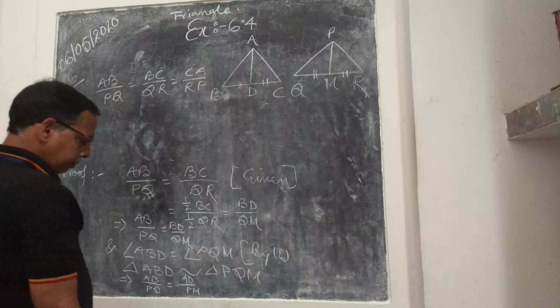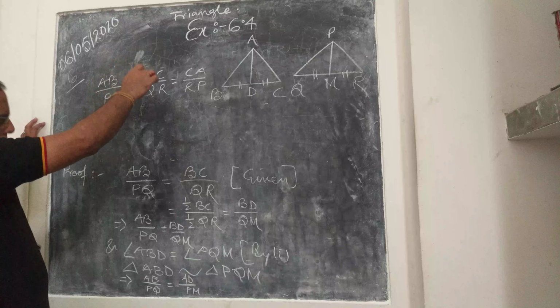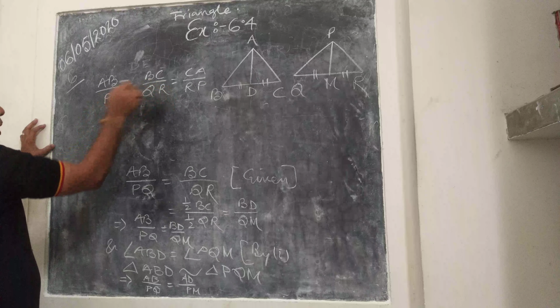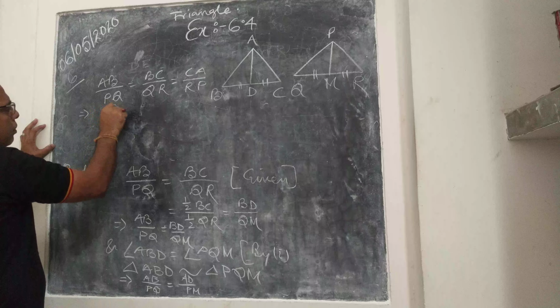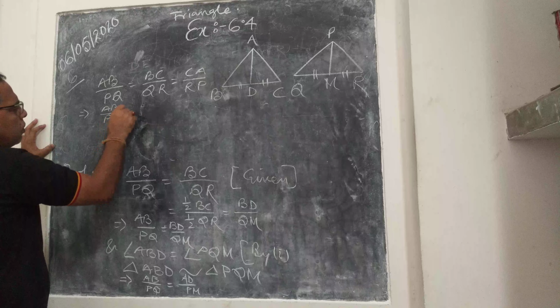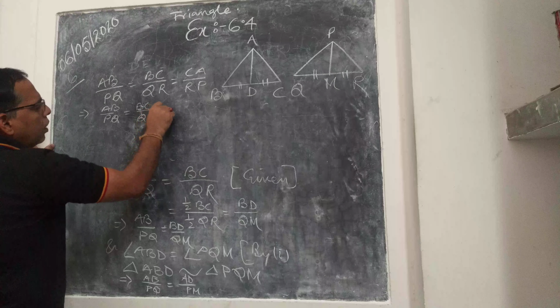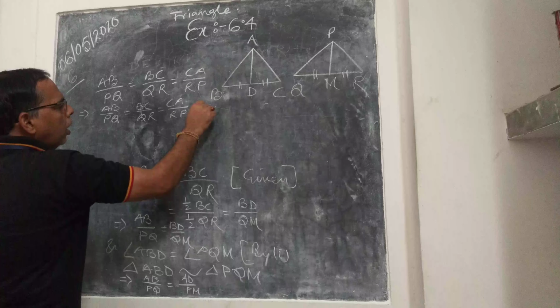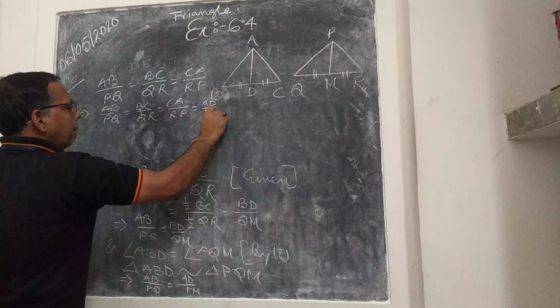Okay, AD by PM. Now, if AB by PQ equal to AD by PM, then from here what we will get? AB by PQ equal to BC by QR equal to CA by RP equal to AD by PM.